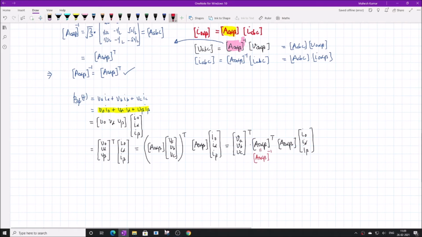So therefore, this will go away with this here. I can write here simply A0 alpha beta inverse. Now inverse into same matrix becomes identity matrix.